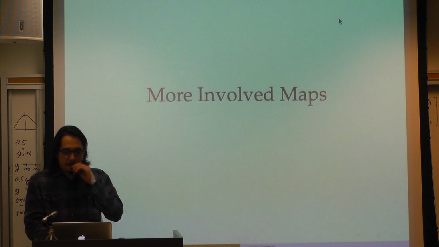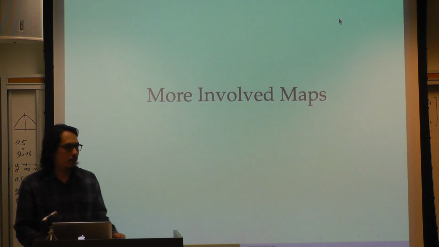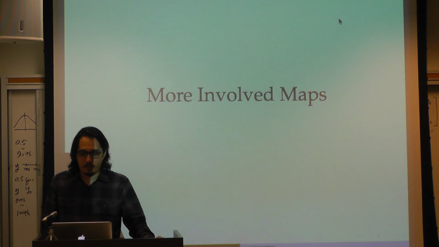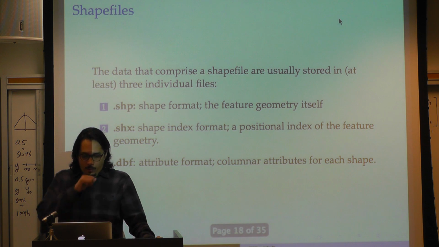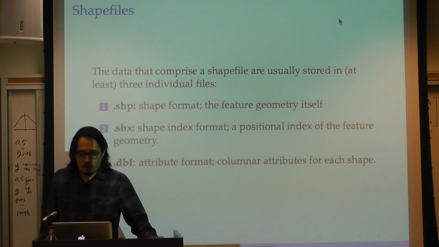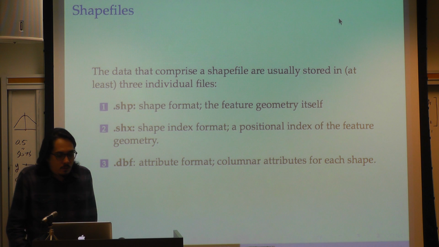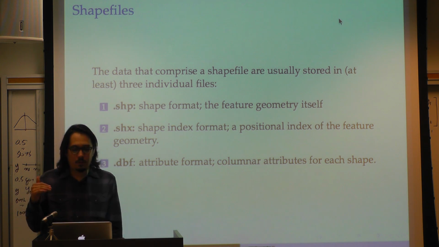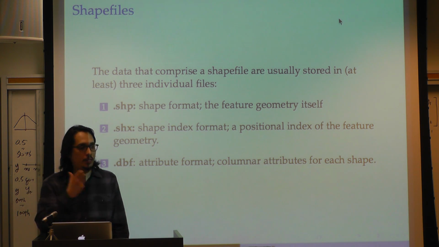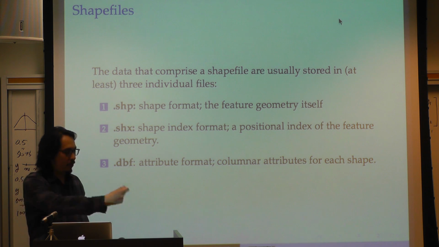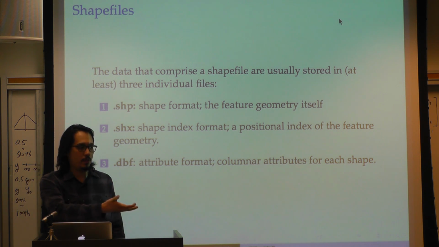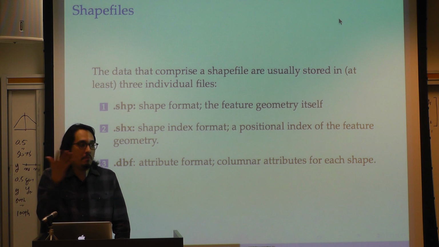Now, there are, of course, more complicated ways of generating maps in R. And to start, it's important first to take into account that a shapefile, I mean, we usually refer to a shapefile as one single file that is a map.